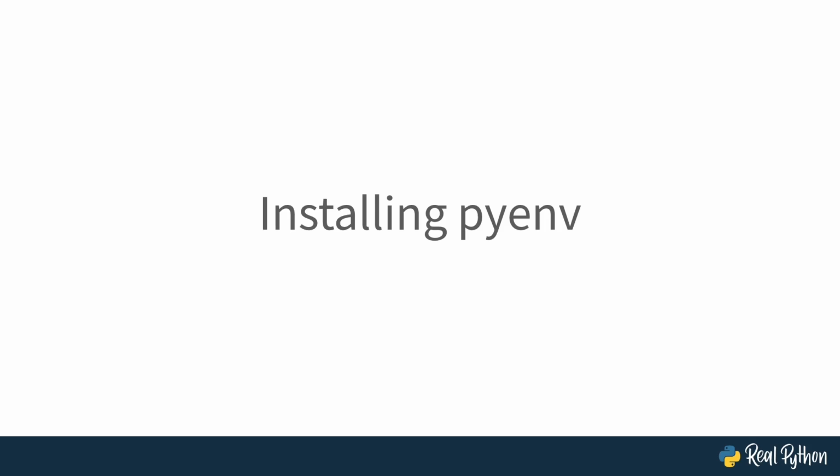In this lesson, you're going to install pyenv, but before you can install pyenv itself, you're going to need some operating system specific dependencies. These dependencies are mostly development utilities written in C and are required because pyenv installs Python by building from source.